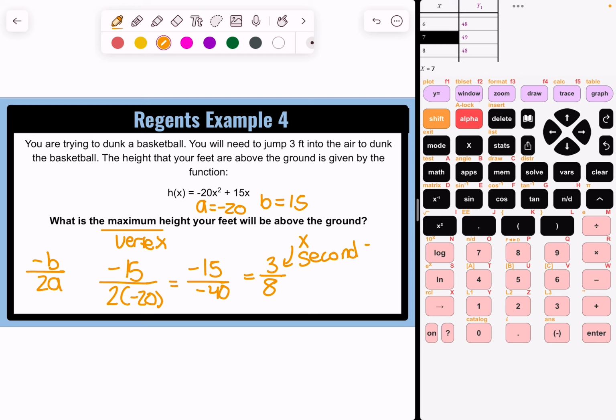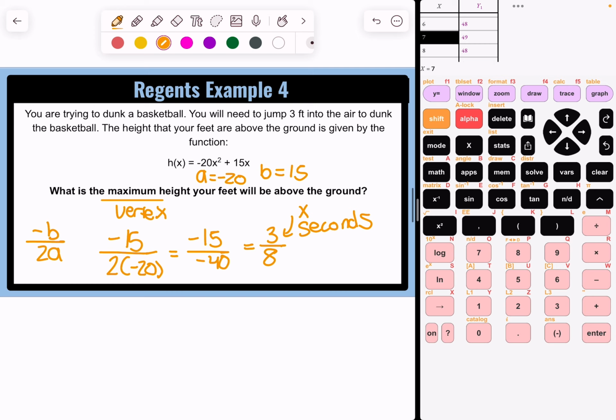But they want to know what's the maximum height. So that means we have to find what h of 3 over 8 is. So h, when the seconds is 3 over 8, equals negative 20 times 3 over 8 squared, plus 15x. Oh, not x. We're going to replace x with 3 over 8.